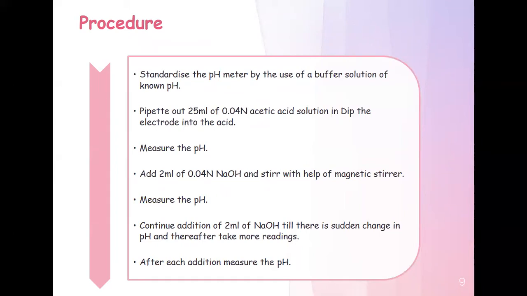Then again you have to measure pH and continue addition of 2 ml of NaOH till there is a sudden change in the pH. And thereafter take more readings, and after each addition you have to measure pH.